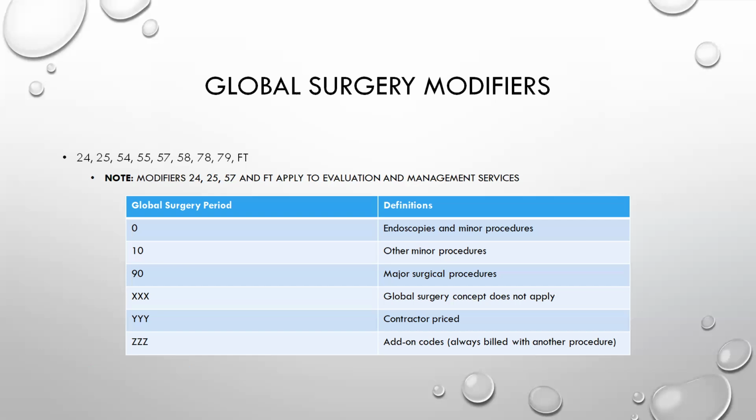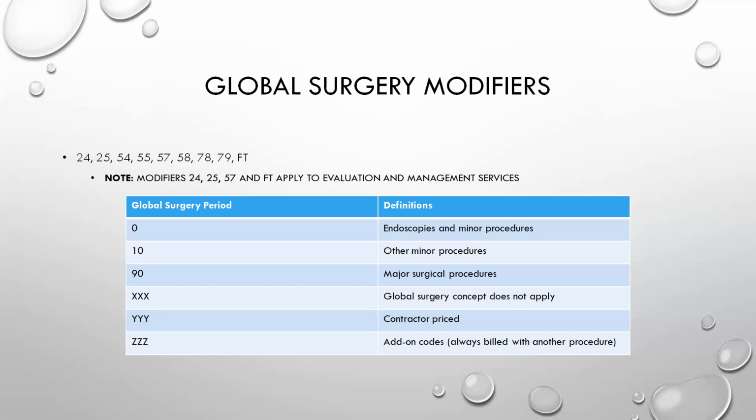So let's talk a little bit about the global surgery periods, their definitions, and how they are used. A zero global period is usually going to be your endoscopies and minor procedures. These are simple things that can be done in the office or are considered very straightforward.